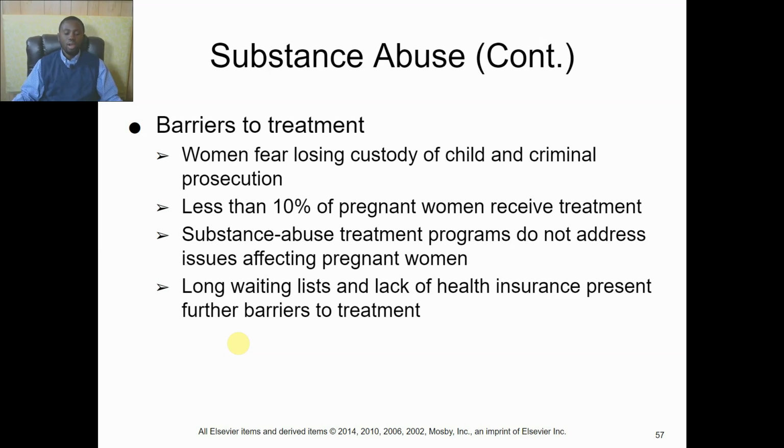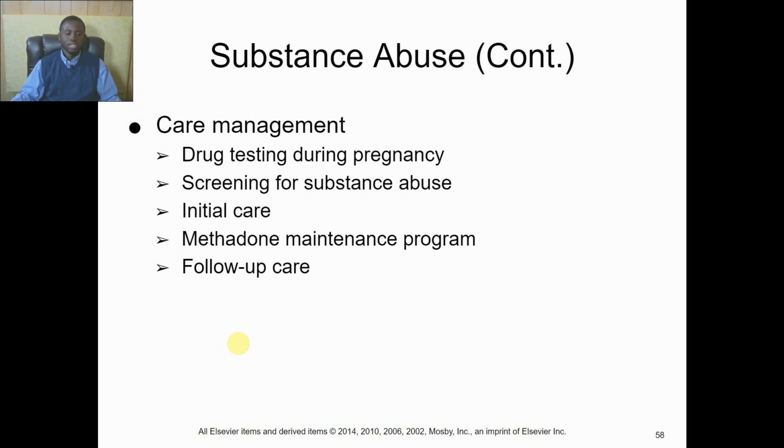And there is a long waiting list and lack of health insurance, which present further barriers for treatment of substance abuse in pregnancy. Care and management should include drug testing, and so you are going to screen the pregnant mother at the first prenatal visit and you are going to tell them what you are going to be screening for and obtain consent to do all that.